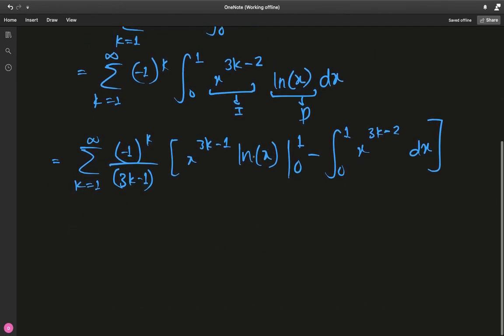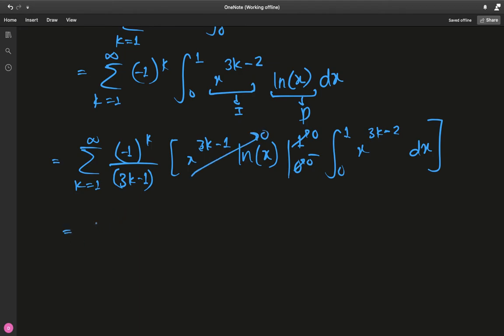So natural log of 1 is 0, goes to 0, and for the 0 case you have 0 times infinity. Again, you can apply L'Hopital's rule. It's a clear polynomial this time, so no need to even take L'Hopital's rule once. It's going to go to 0, making this entire thing go to 0.